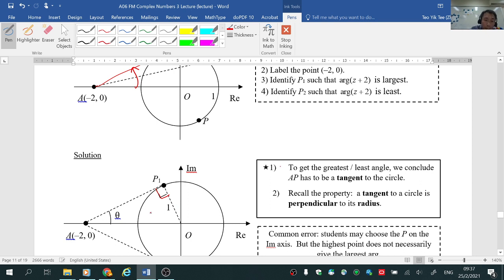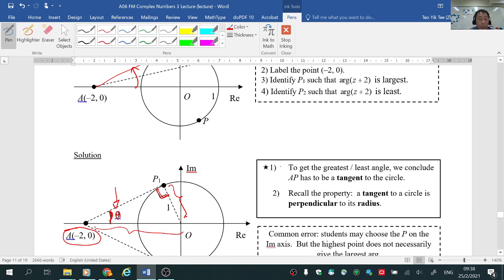So if this is 1, this is theta that I'm trying to find, and this point A is minus 2. I know this distance, I know this distance, and I know that this is 90 degrees. I can make use of my trigo to find this angle, and that will give me my largest possible value.